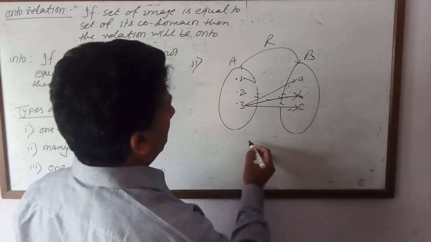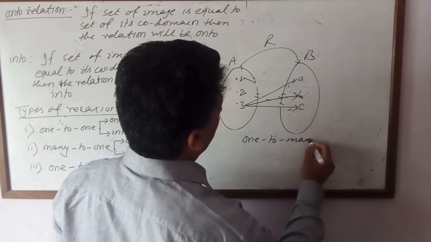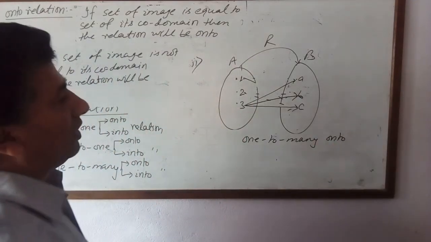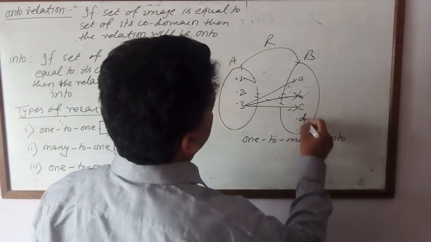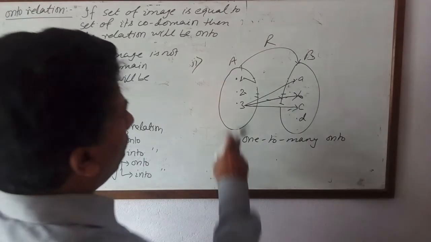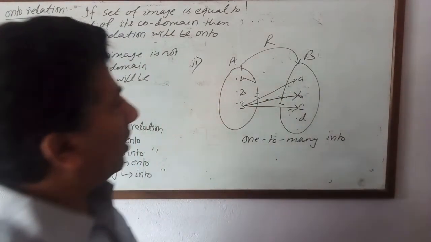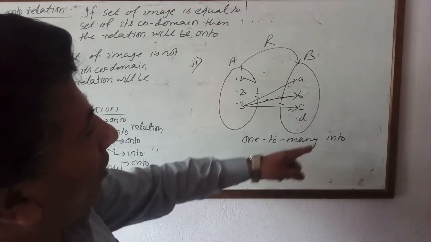This is an onto relation, 1 to many. Now if you want to make it into, then suppose there is D. Now in this condition, 1 to many, this will be into. Now these are the examples of 1 to many, onto and into.